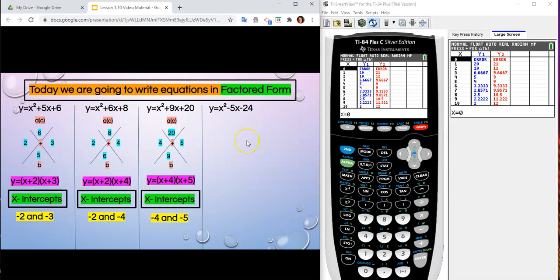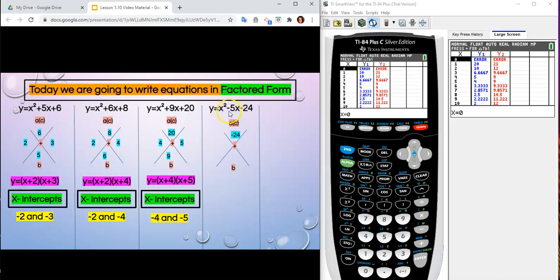This time, whoa, we got some negatives in here. Wow, let's see what's going to happen. It doesn't change anything because we just keep repeating this same thing over and over again. We're going to draw our box, and we know we have to put the A times the C on top, and then we add those terms together for our B. So A is 1, C is -24 because there is a negative in front of it, so 1 times -24 is going to give us -24.